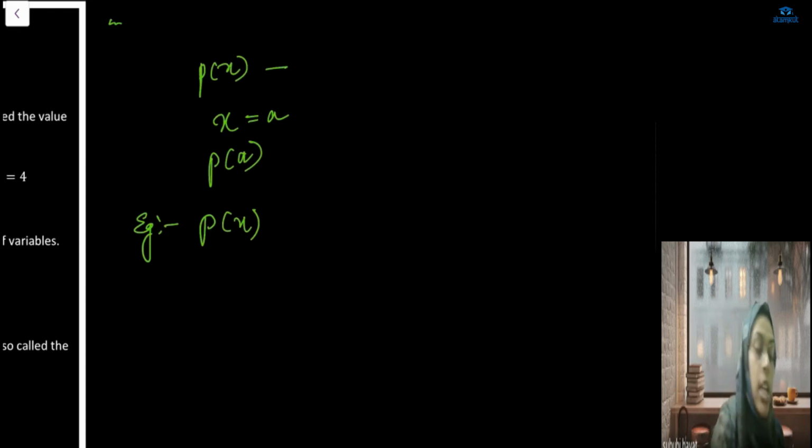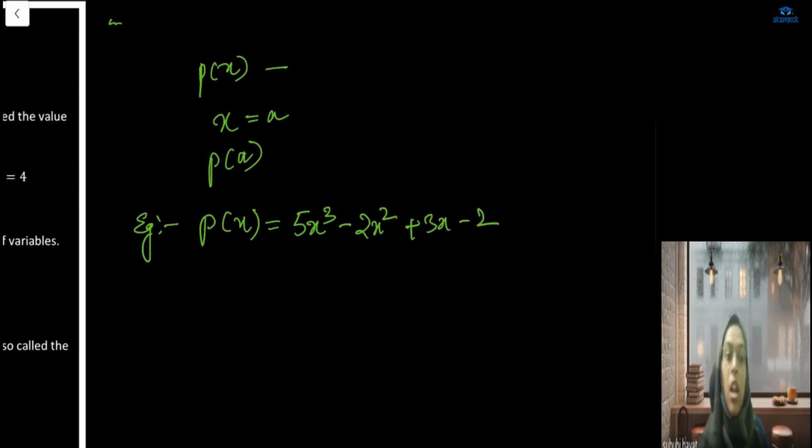Since I'm writing in the variable x, I'm writing p(x). If I were writing it in the variable y, it would be p(y). So I'm taking the polynomial 5x cubed minus 2x squared plus 3x minus 2. Now I am going to find the value of this polynomial at x equal to 1.